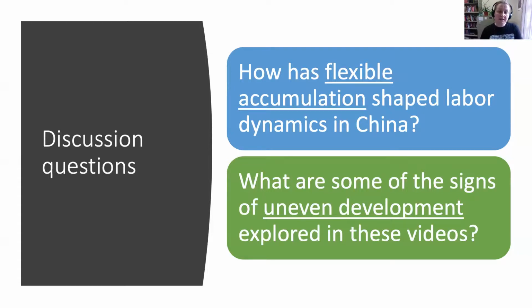And secondly, I know this is a very short video, it's not a lot of context, but what are some of the signs of uneven development explored in these videos? I'll let you think about it for a little bit. So again, flexible accumulation and uneven development. How does this example speak to these concepts?